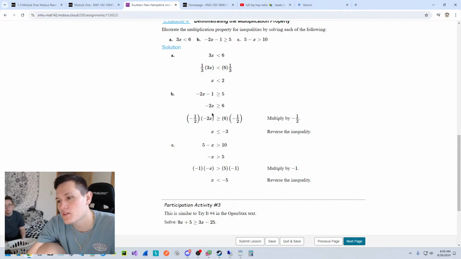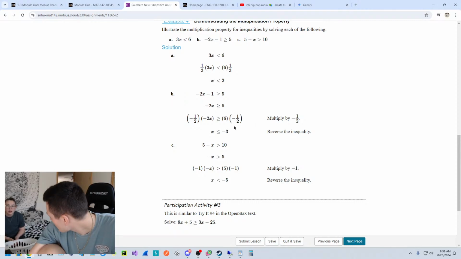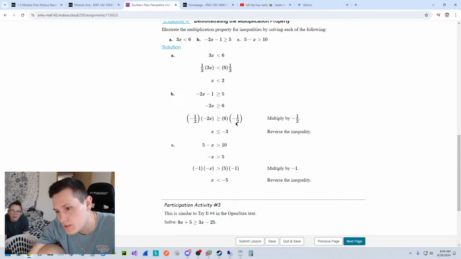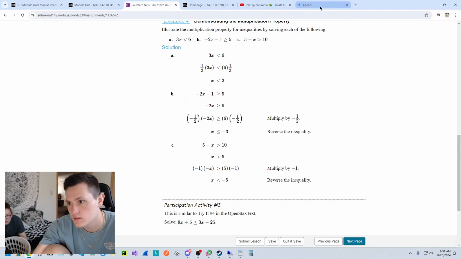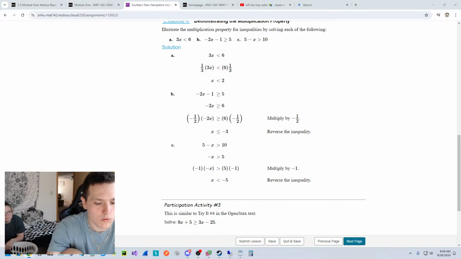But what I don't understand is how somehow this cancels and it just gives you your x, and then somehow this goes into that 6. Or is this just divided by? That's divided. Wait, no, it's gonna be 6 times the 1, because you're multiplying the negative 1/2. Oh, that would make sense.